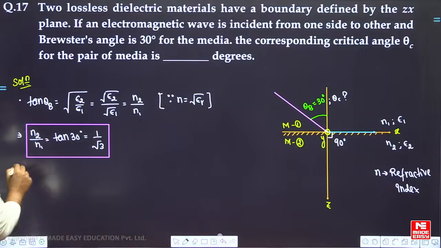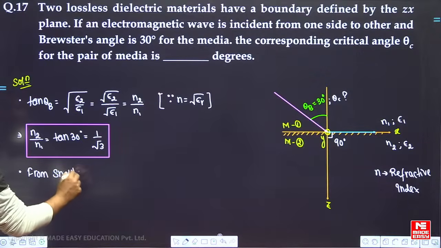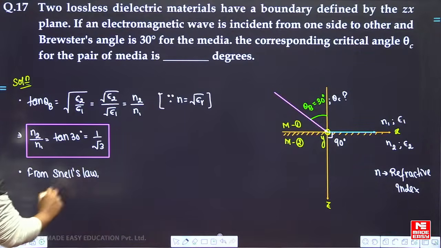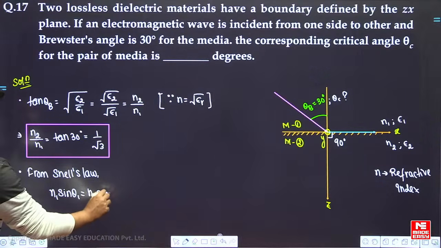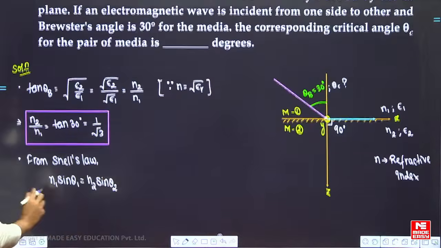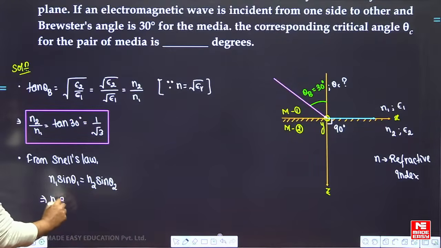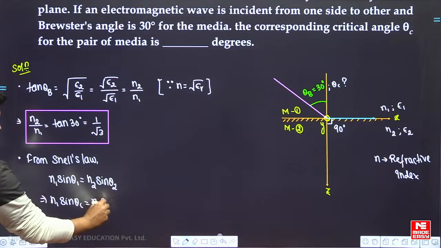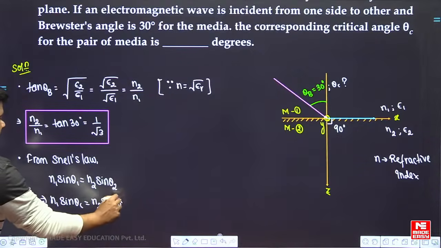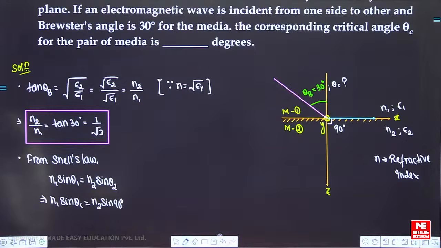Further, critical angle will come from Snell's law. From Snell's law, n1 into sine of theta 1 is equal to n2 into sine of theta 2. So n1 into sine of critical angle theta c is equal to n2 into sine of 90 degree, because at critical angle the refracted ray will be at 90 degree.